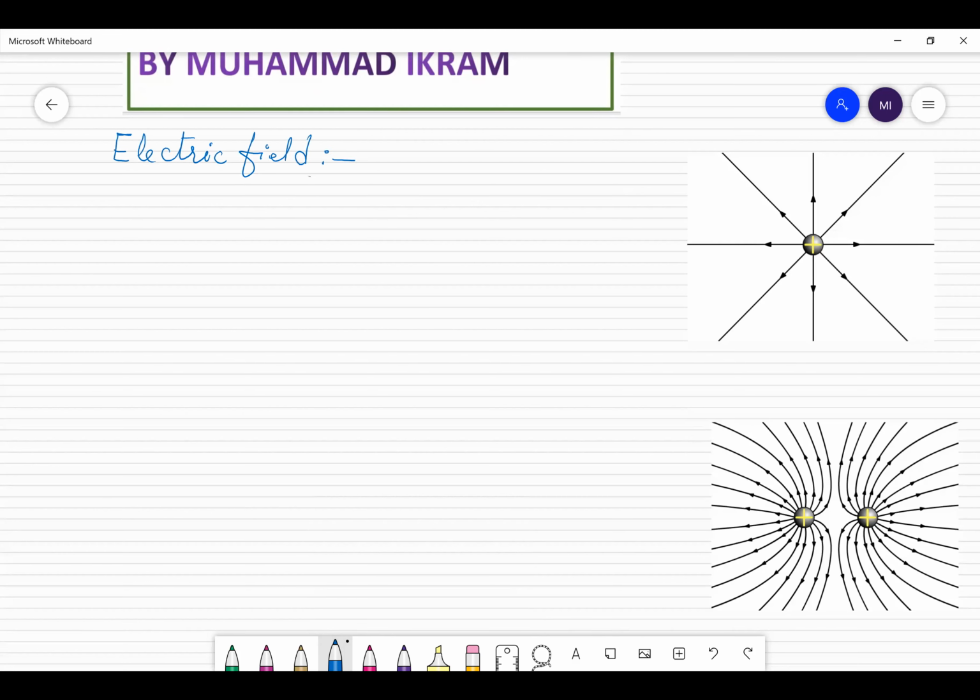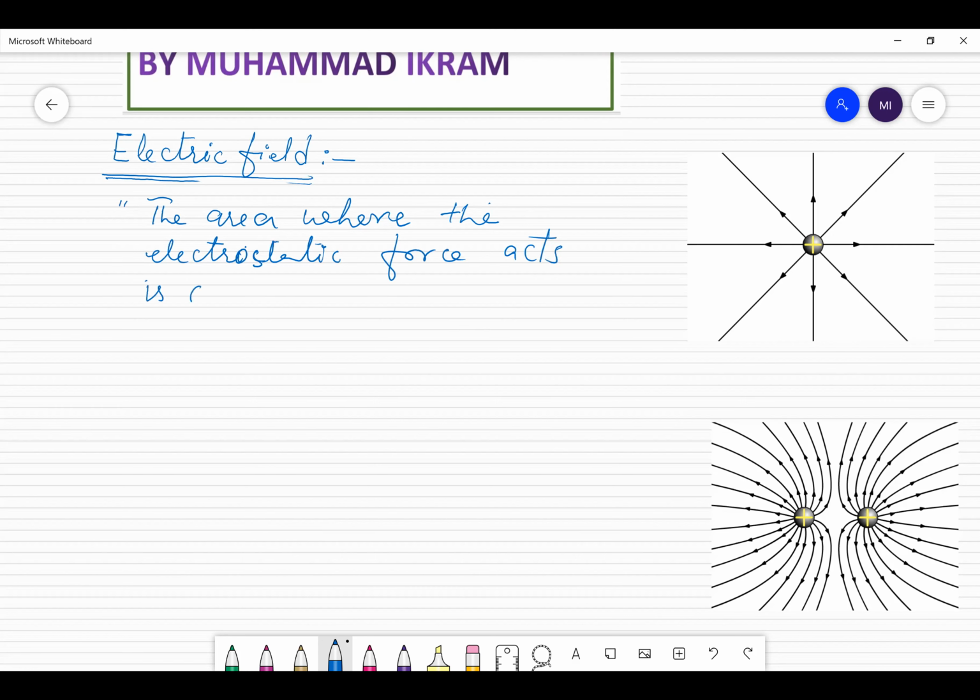To be very simple, I would like to tell you that electric field is in fact the area around, to be very simple, we can say that the area where the electrostatic force acts is called the electric field.